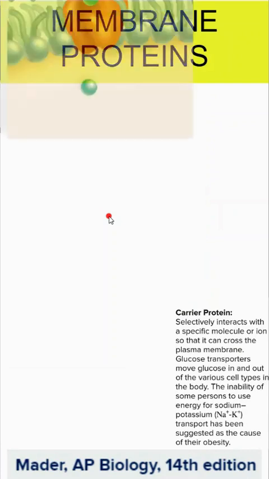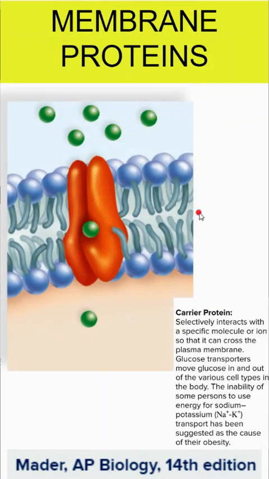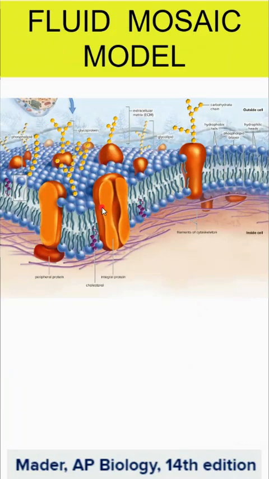Carrier proteins we often associate with active transport, where we have to use ATP to move them. But again, this is going to be a little slower. It doesn't have to be active transport. We can carry substances across through passive transport as well, but it is going to be slower because there's going to be a greater interaction between the protein and the substance that's being transported.